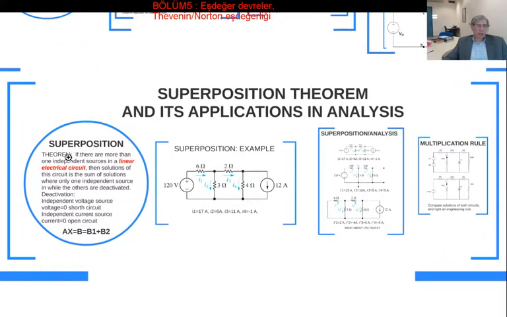It says, as a theorem, if there is more than one independent source in a linear electrical circuit, like this, there are two independent sources in it, then the solution of this circuit is the sum of the solutions where only one independent source is in while the others are deactivated.